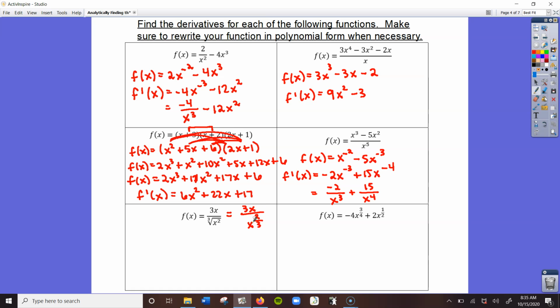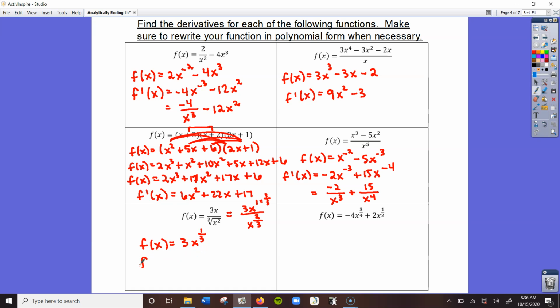And now I can divide these x's by subtracting those exponents. Since this exponent in the numerator is 1, that is the equivalent of 3 over 3, so that I can subtract that fraction. So f of x is going to equal 3x to the 1/3.